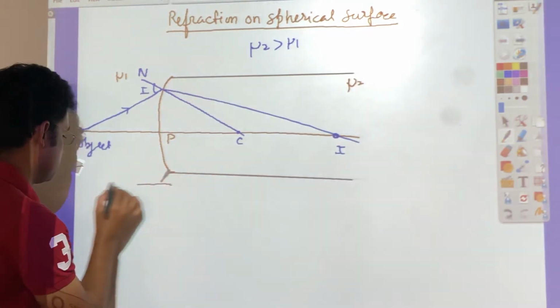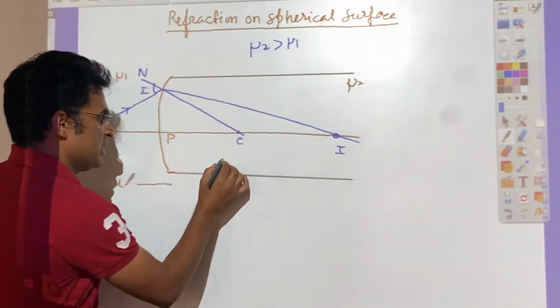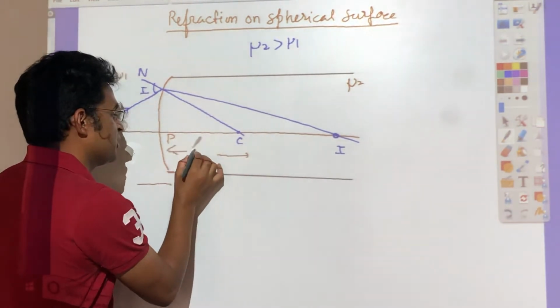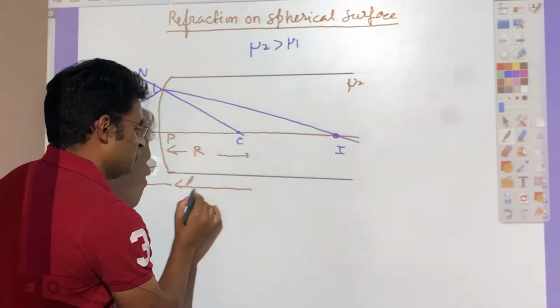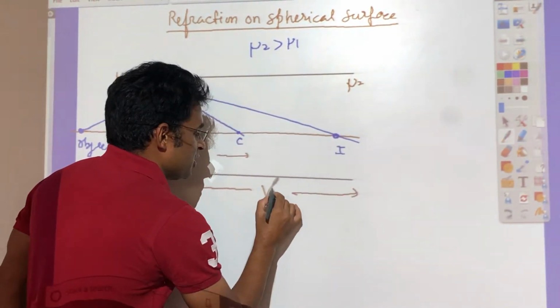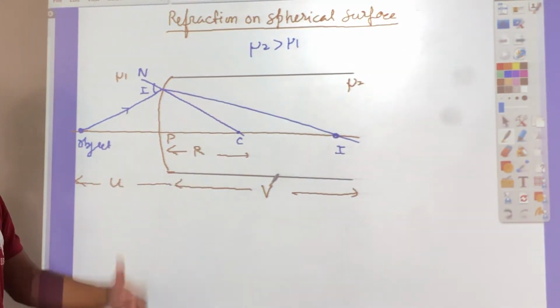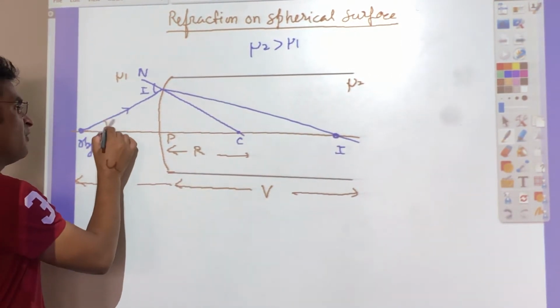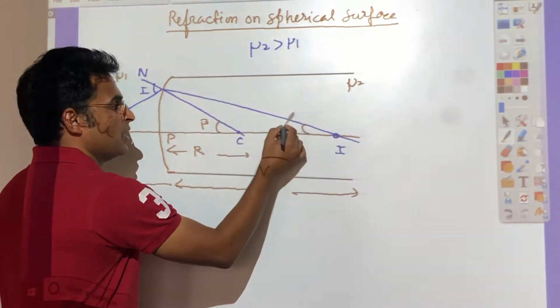So this distance will be u, and the distance of C from point P, that is r, we say the radius of curvature, and the distance of I from point P, that is v. This is the image distance, this is the radius of curvature, and this one is the object distance. Let's say this angle is alpha, this one is beta, and this angle is gamma.